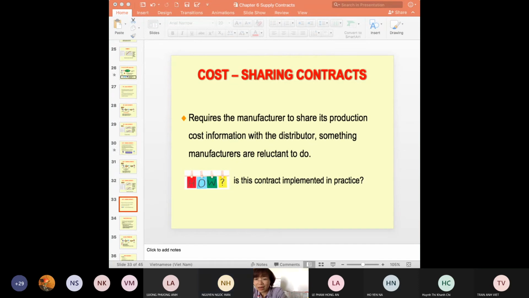Khánh Huyền, Võ Trần Khánh Huyền. Hello Huyền.